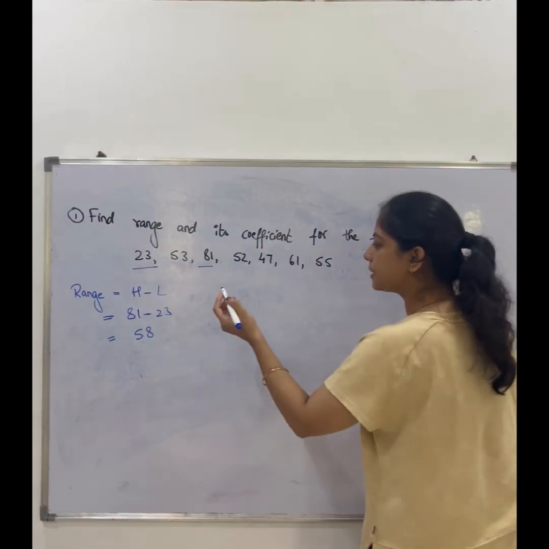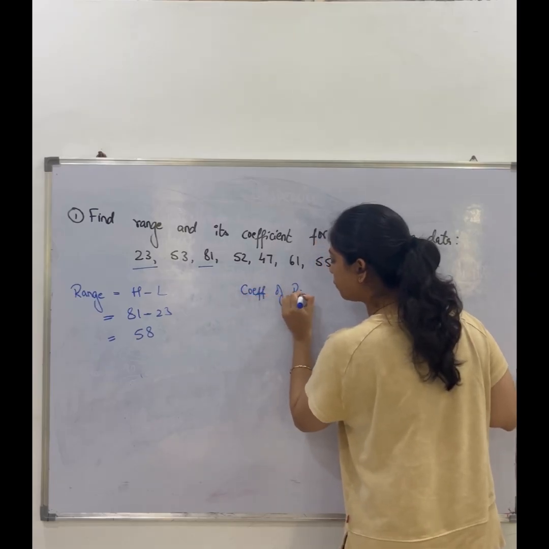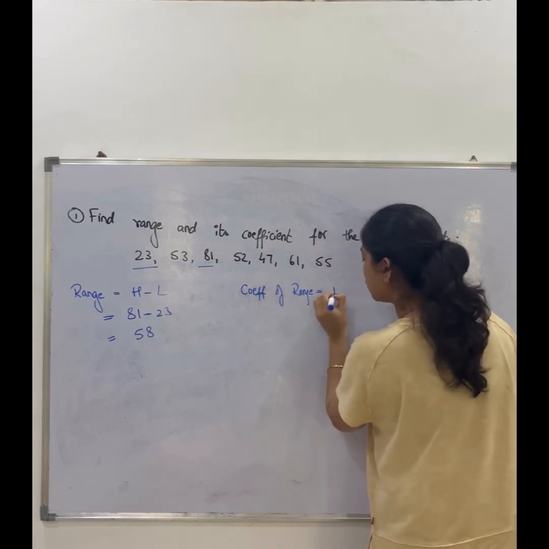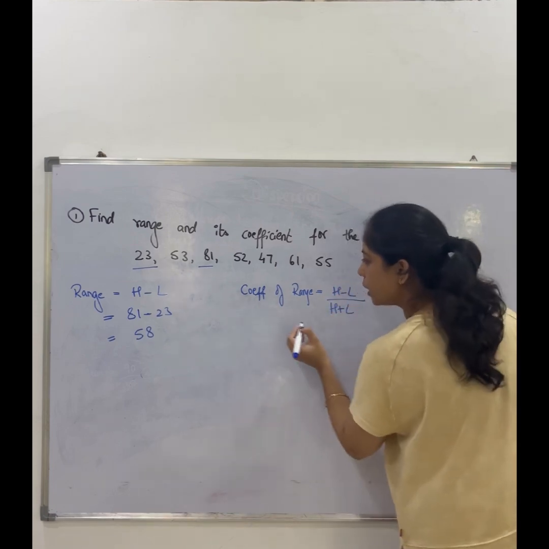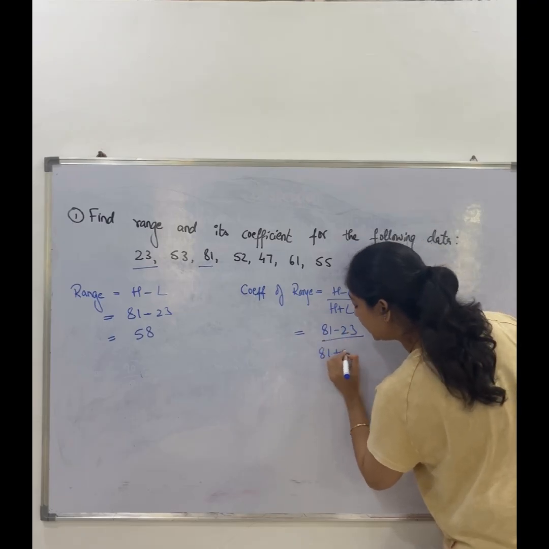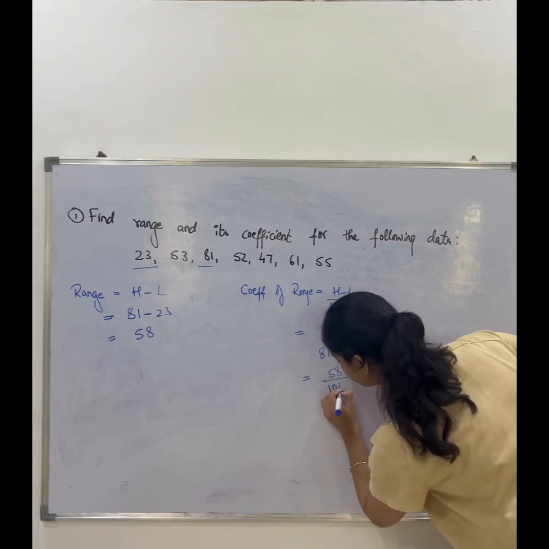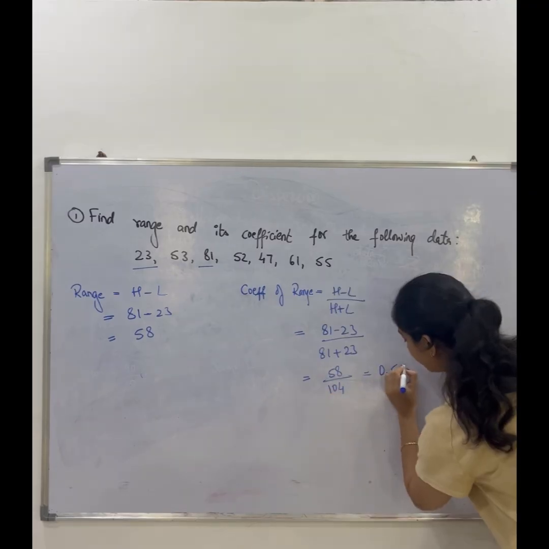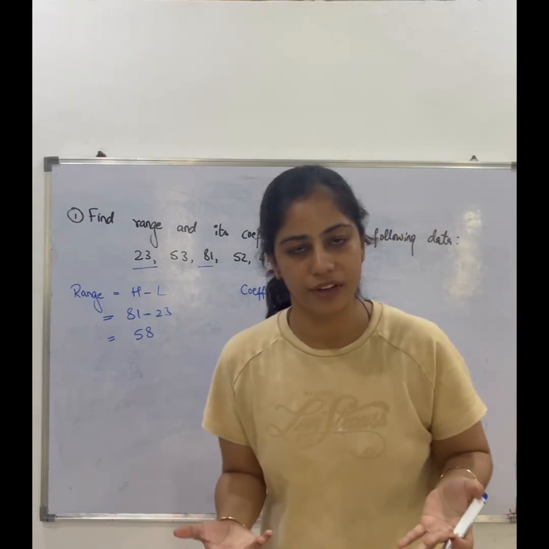Now they have also asked us to find the coefficient of range. So we write the coefficient of range formula first, which is highest minus lowest divided by highest plus lowest. So the values are 81 minus 23 divided by 81 plus 23, which is 58 over 104. Okay, so this is the answer for the coefficient of range.